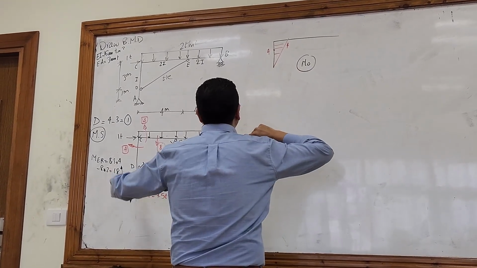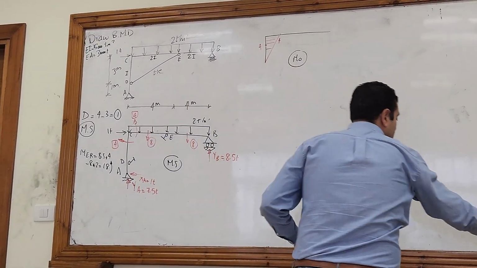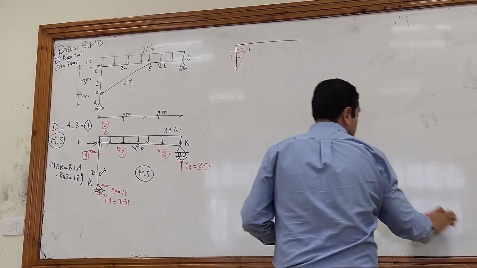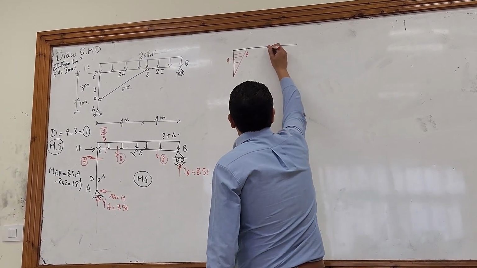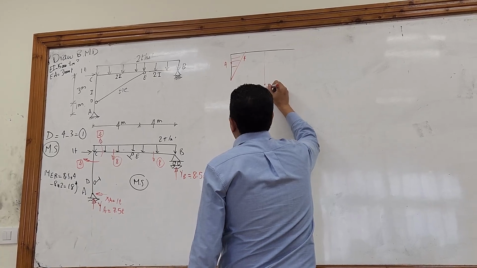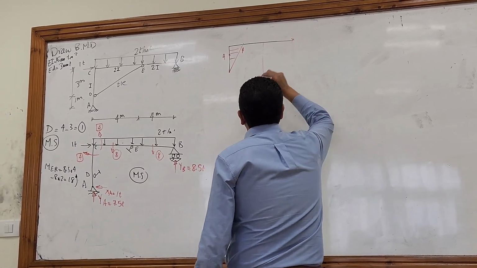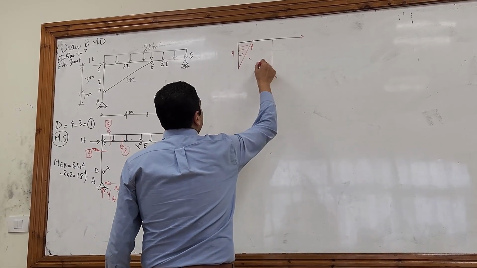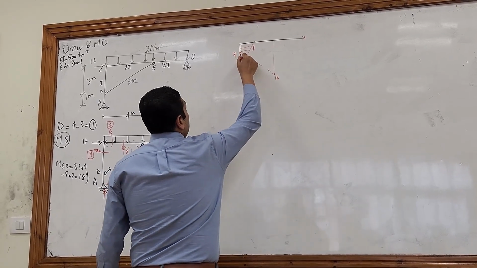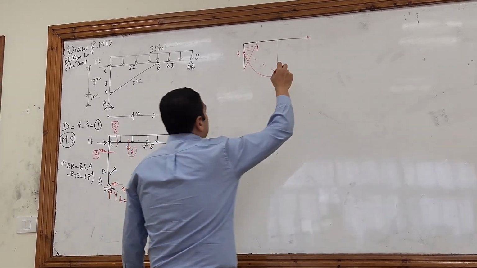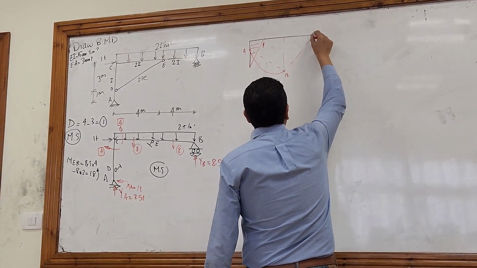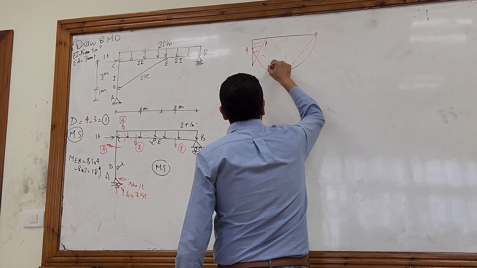The moment at E is 18 below the datum. And the moment at B is 0. So join the 4 and the 18, and then PL square over 8. And the 18 and 0, and then PL square over 8.